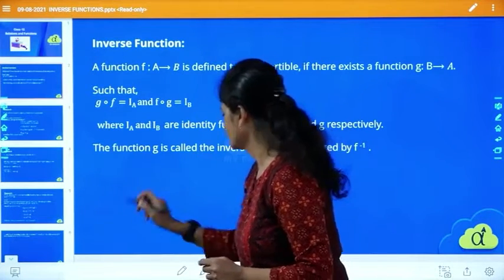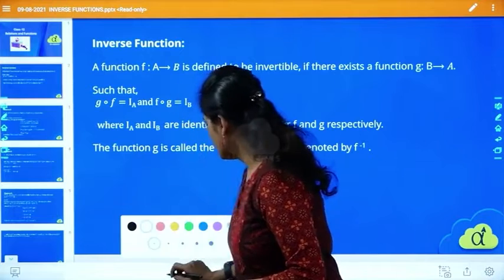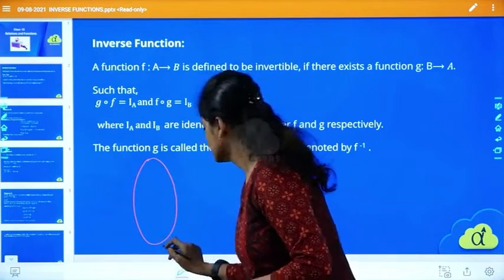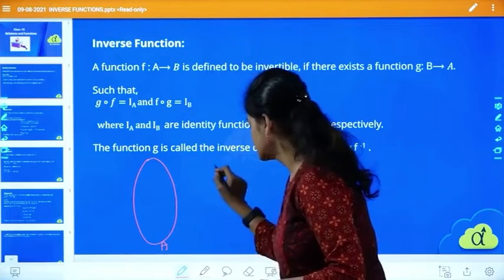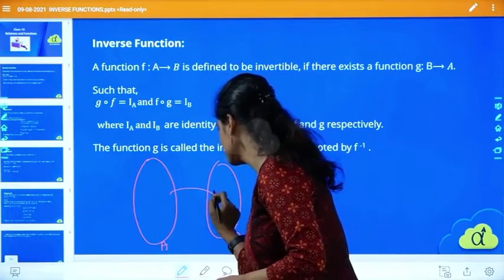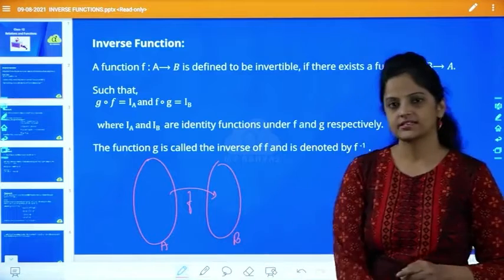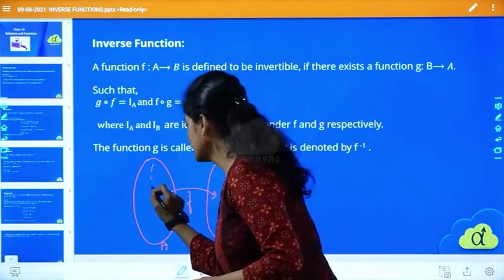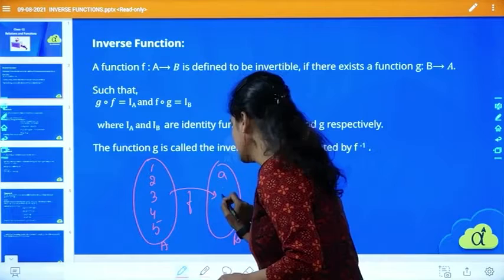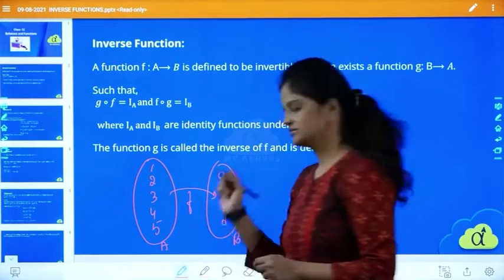So if you have taken two sets, this is set A, the other set is B, and the function you have taken here is F. Suppose 1, 2, 3, 4, 5, A, B, C, D, E are there.